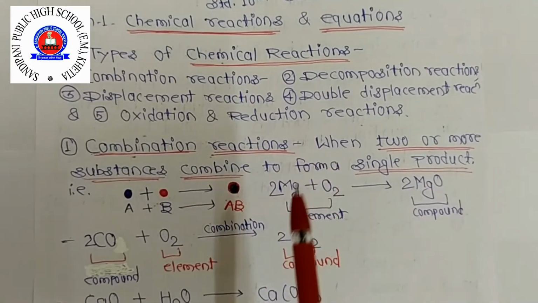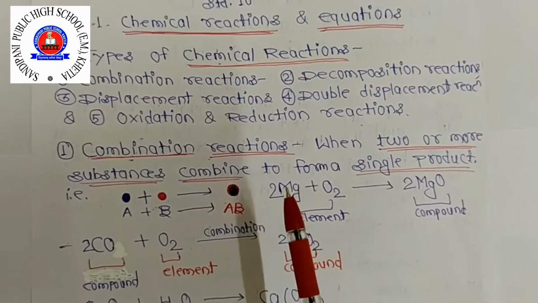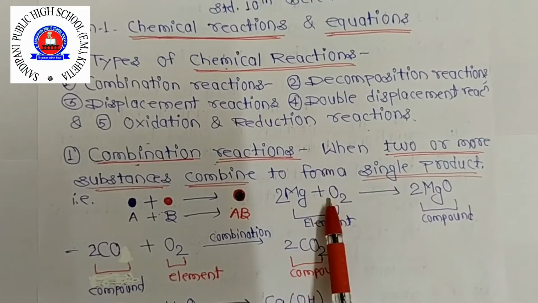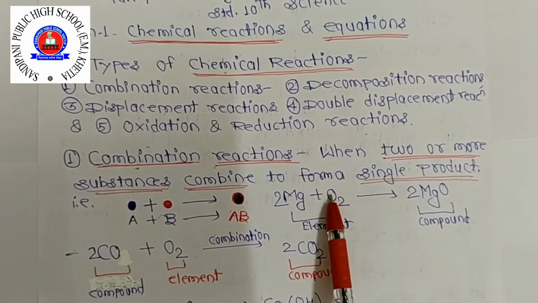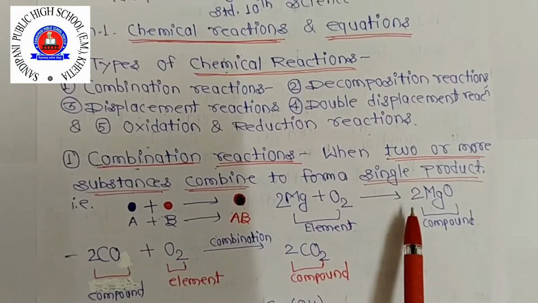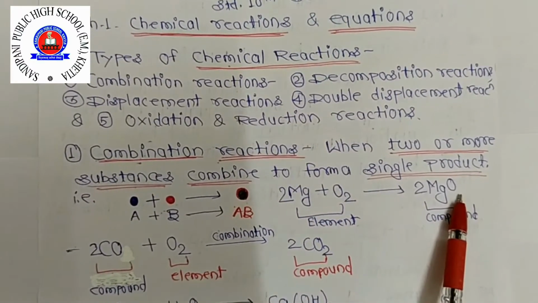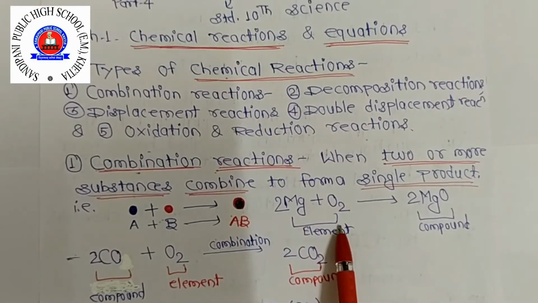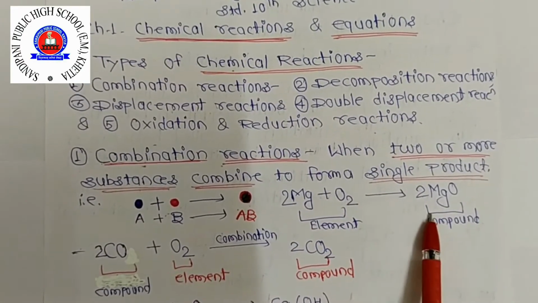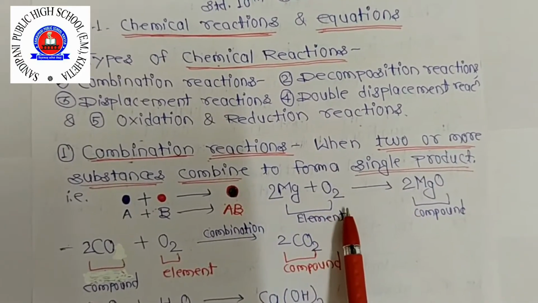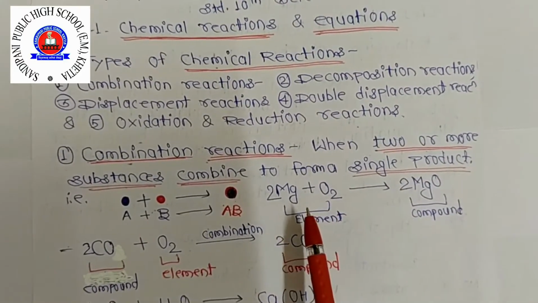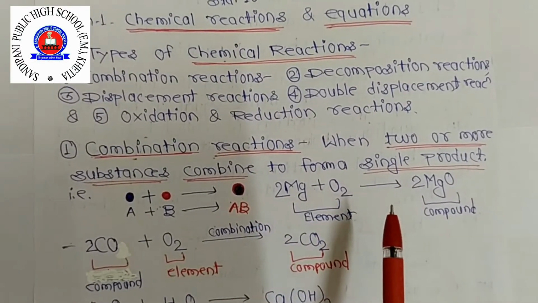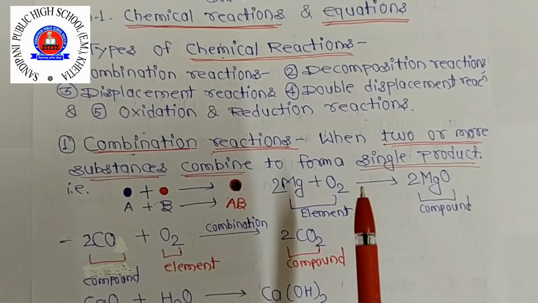So we take some examples to understand this. Magnesium and oxygen combine when heated to form magnesium oxide. Look here, magnesium and oxygen are elements and form a compound. So this reaction can be element and element, compound and element, and compound and compound also.